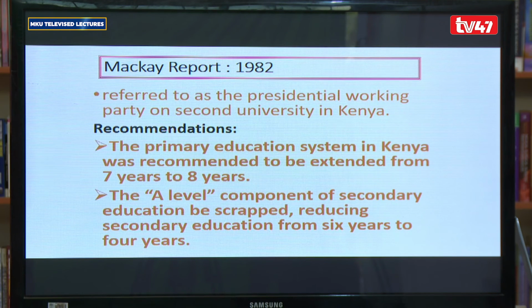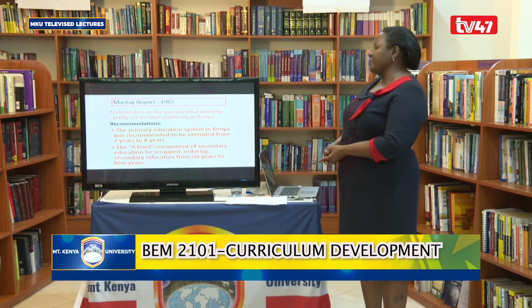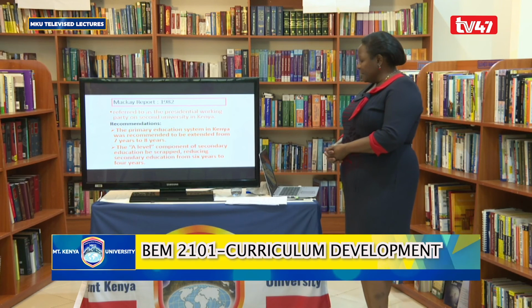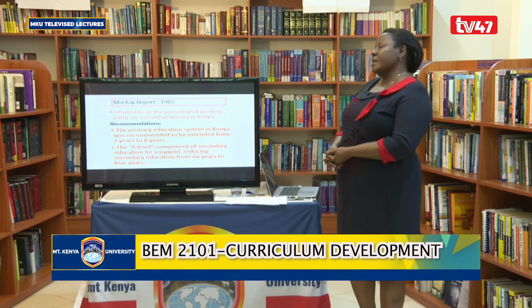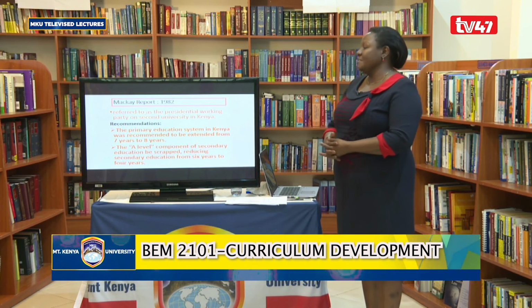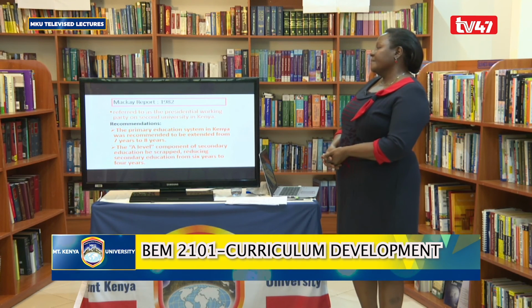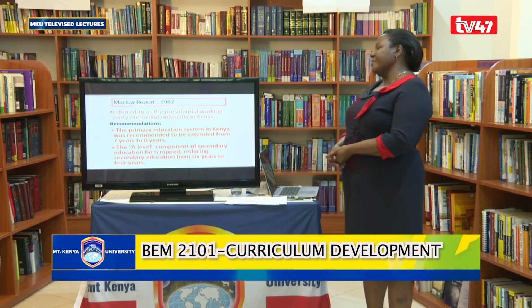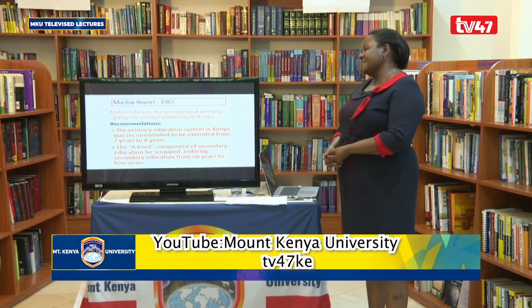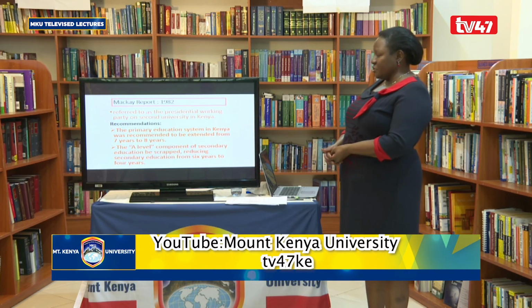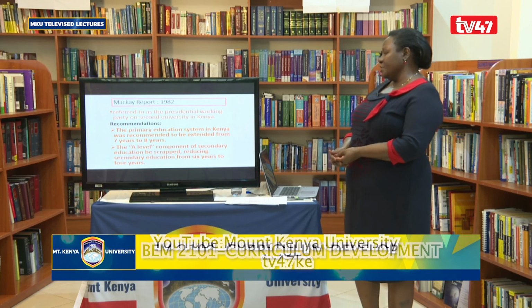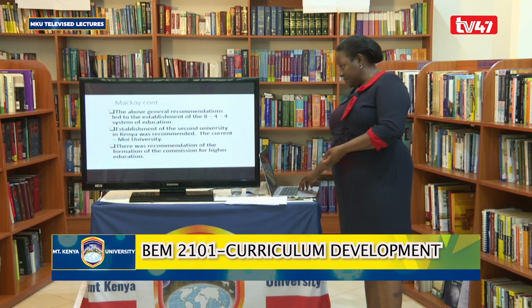managers. So as we go through, there are several reports that have been looked at, and all these recommendations from the different reports came up with innovations that have been adopted and have led to the changes that we have had over time with regard to curriculum development. The Mackay report of 1982, for instance, recommended that the primary education system in Kenya be extended from 7 years to 8 years, and the A-level component of secondary education be scrapped, reducing secondary education from 6 years to 4 years.